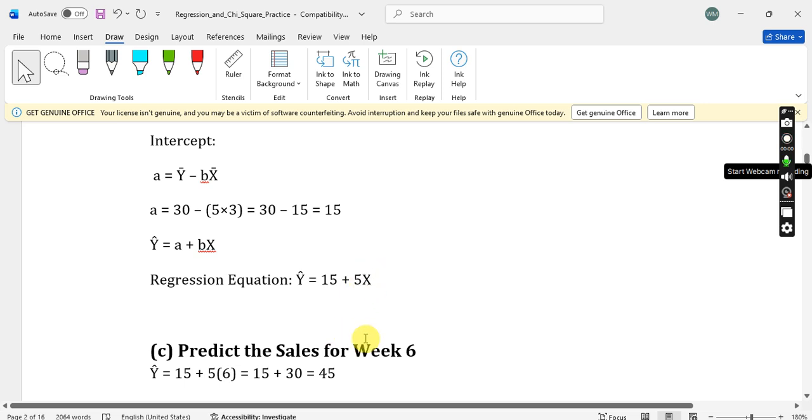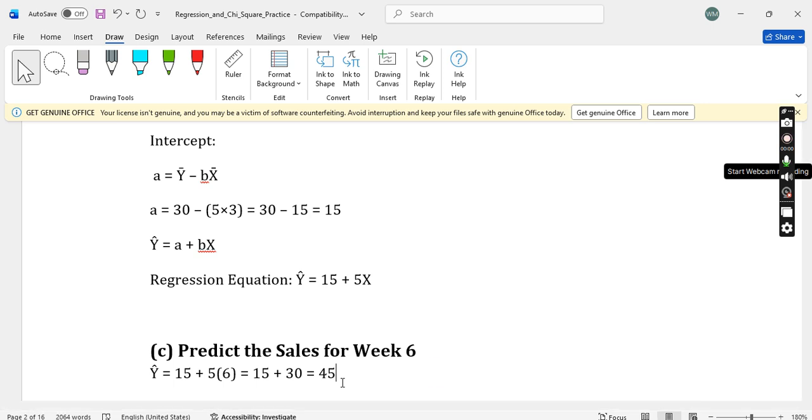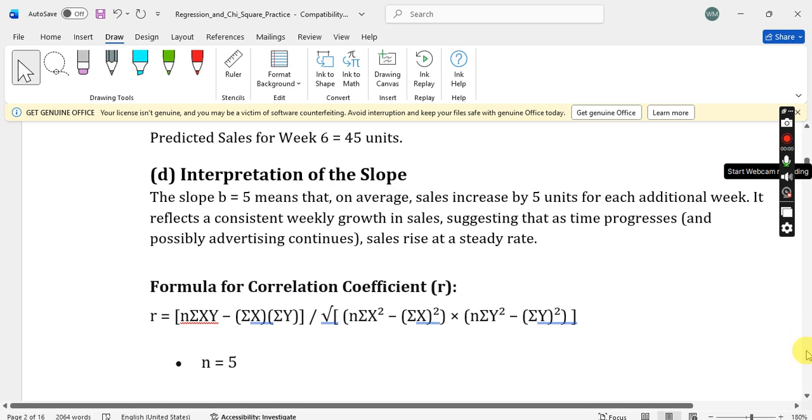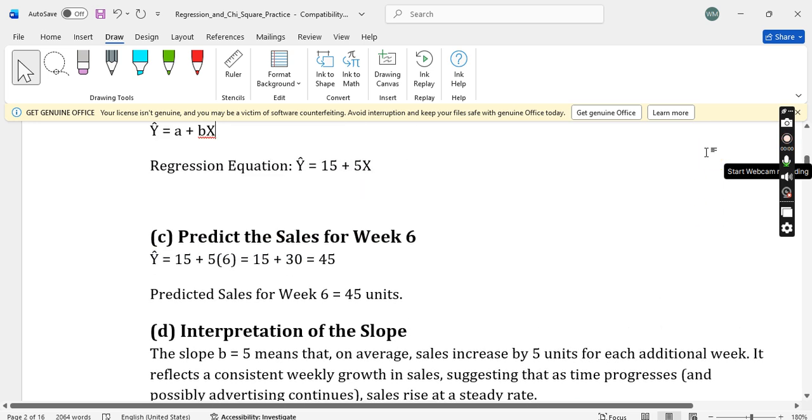Where there's x, just replace it with a 6. 5 times 6 is 30. 30 plus 15 is 45. So in week 6, we expect the cells to be 45,000 or 45 million. Questions?